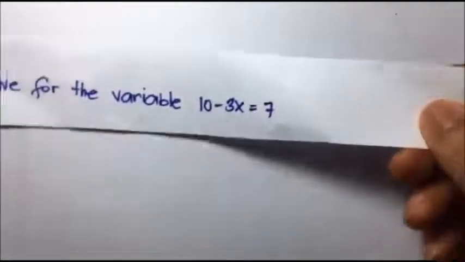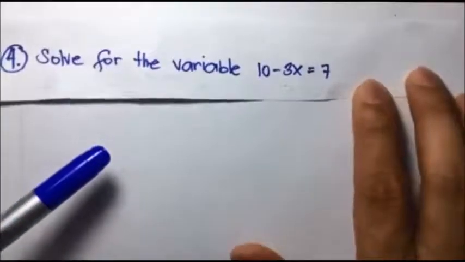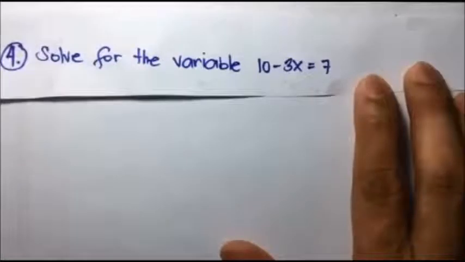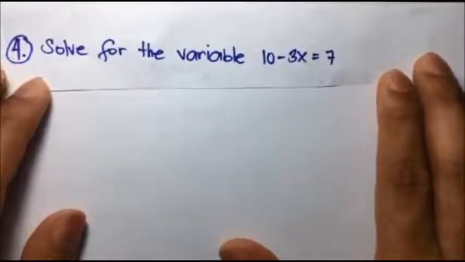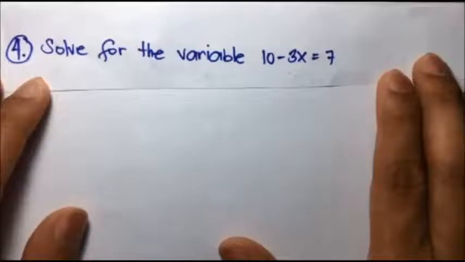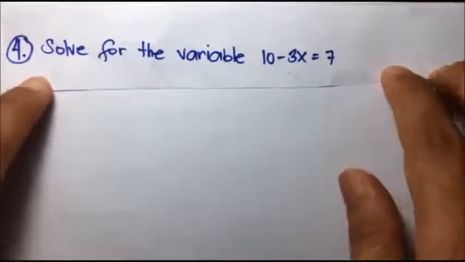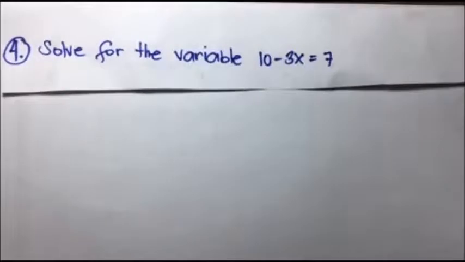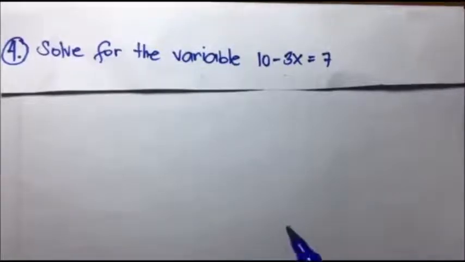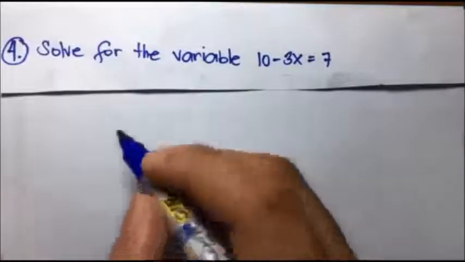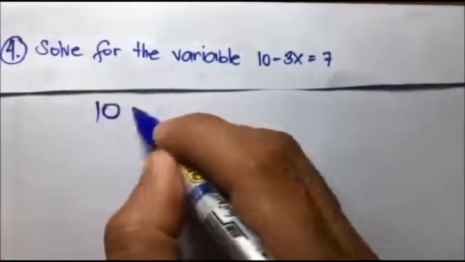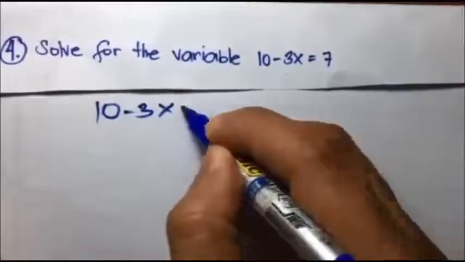Okay, here we go, example number 4. Solve for the variable. We have the equation 10 - 3x = 7. All we need to do is isolate x so that we can find the value of x. In order to isolate x, we need to use the subtraction property of equality.